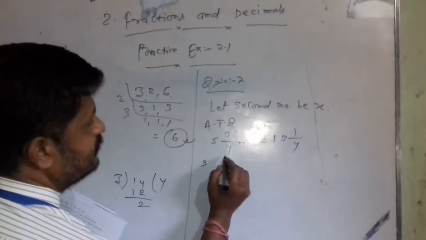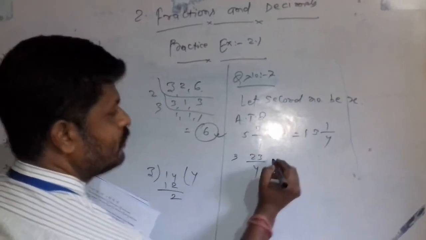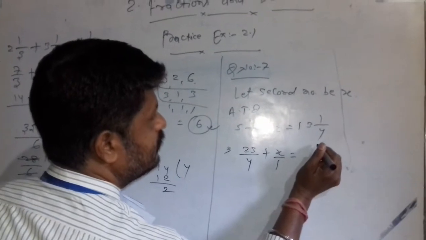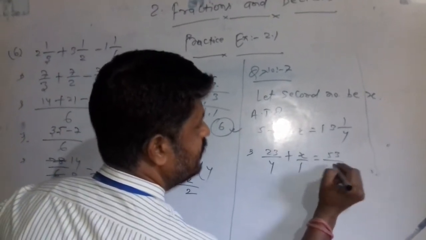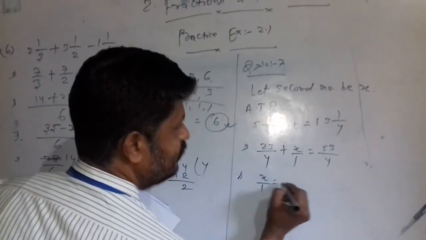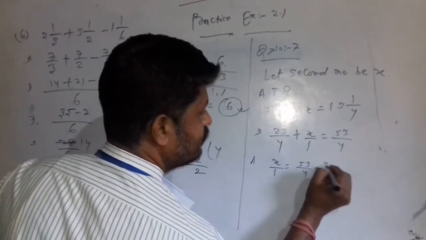Then 23 by 4 plus x by 1 is equal to 53 by 4. So the value of x is equal to 53 by 4 minus 23 by 4.